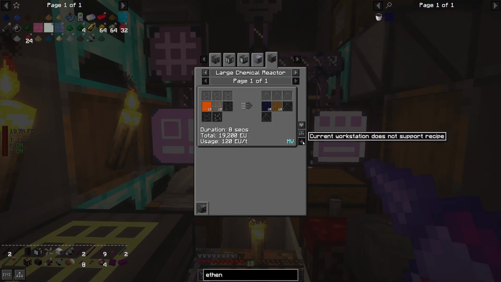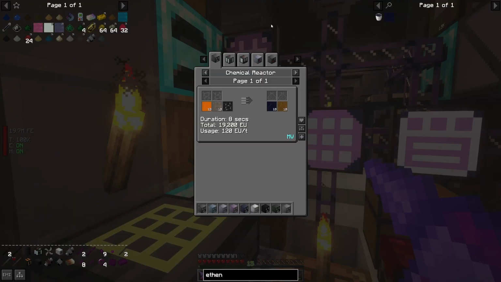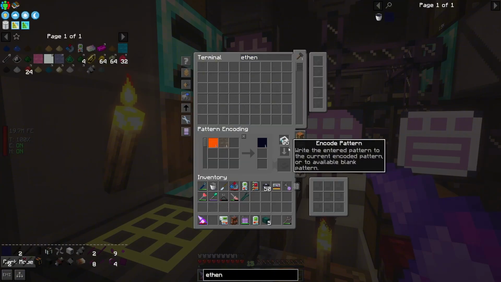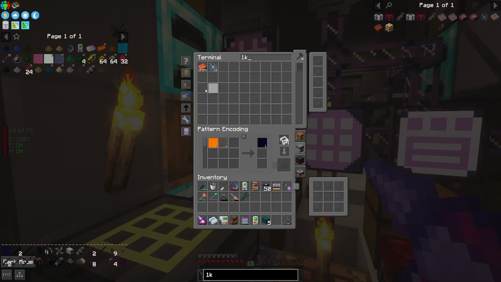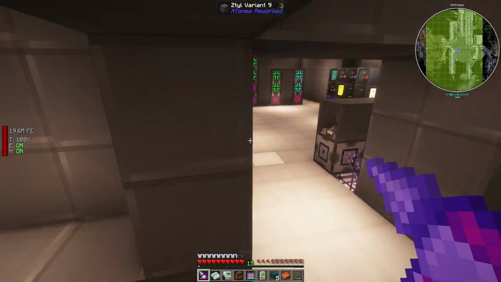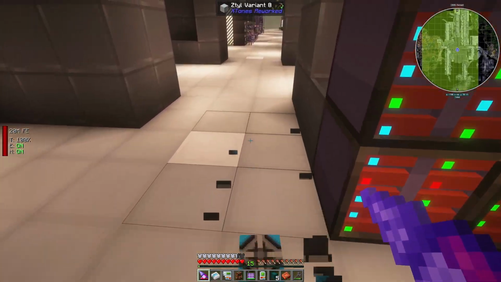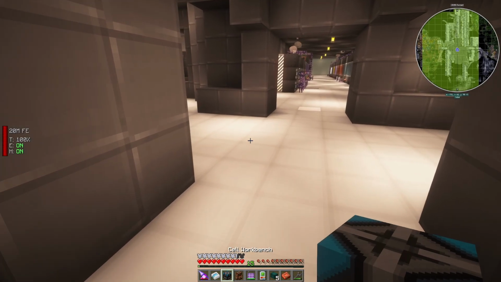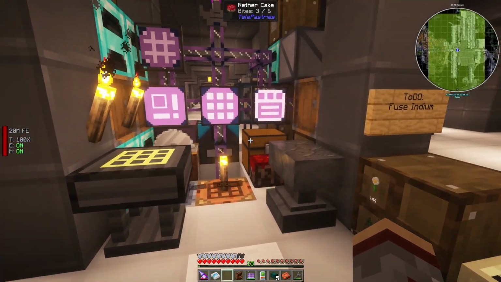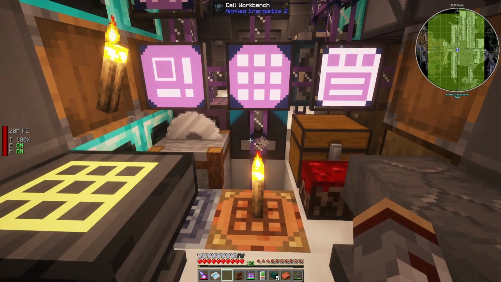Although we are gonna need to get a fluid cell for this. Let's get rid of you. All right, and we're gonna need a boop. Oh yeah, I moved the doodad. Let me get this. Knock on wood, I think I fixed the item destroying situation.